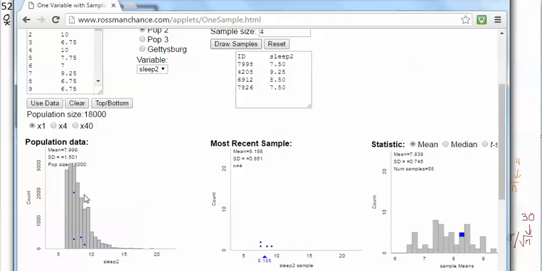So if the population is sleep deprived, and you take a sample of 4 people from that population, you're likely to get a sleep-deprived group who will end up having a low average. That's why most of the possible samples have sample means at the lower end.